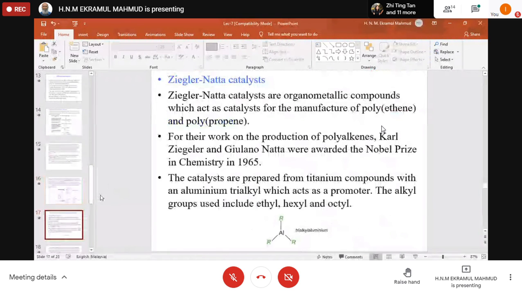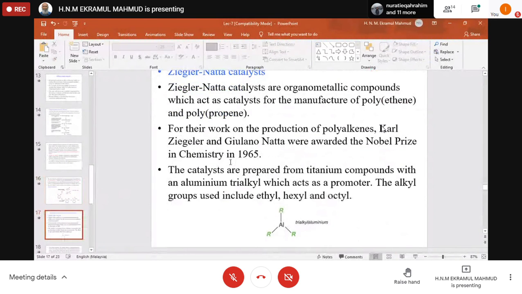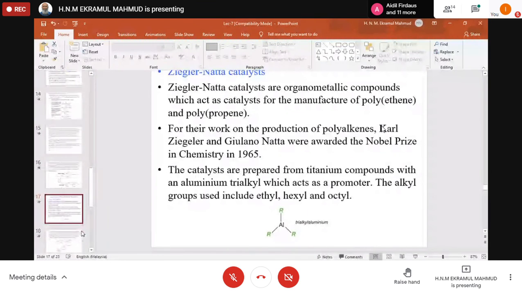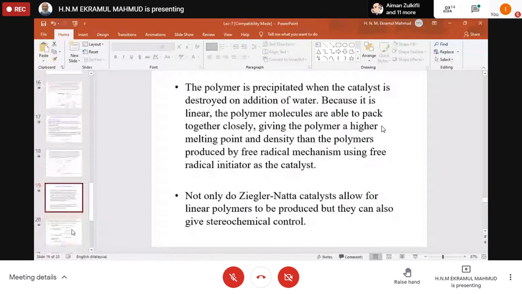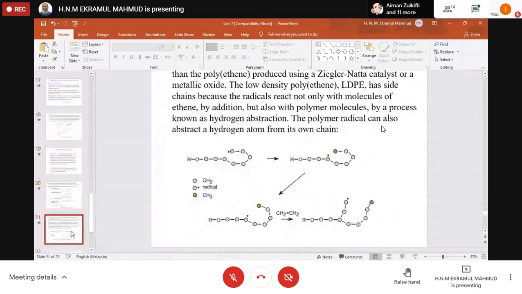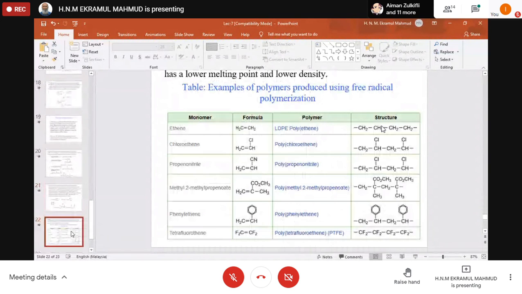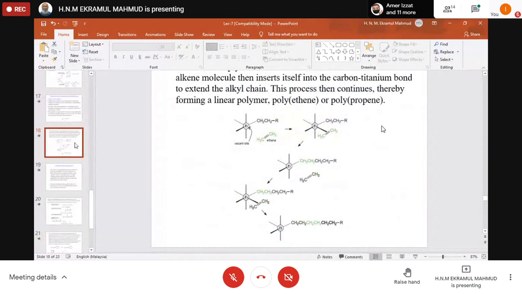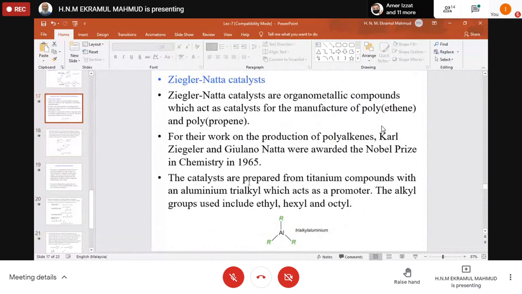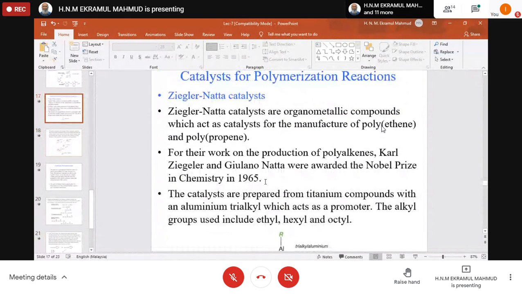Ziegler-Natta catalyst is a very important catalyst in the industry. A lot of uses are there for this catalyst. Just one minute because time is limited. Anyway, I will leave it here.